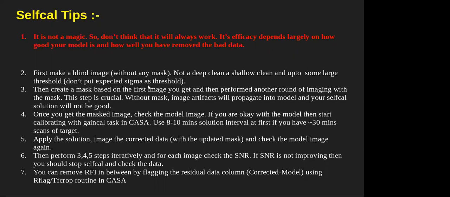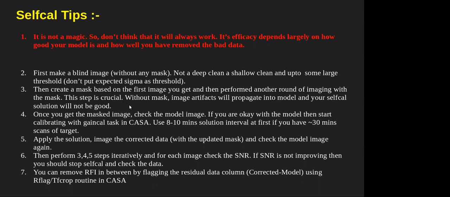First make a blind image, and then create a mask based on that first image. Why it is necessary is that this step is crucial. For the first image you do not have a mask, but when you get the first image, you can make a mask and make another image using that mask. If you do not use that mask, your image artifacts will propagate into your model and your self-cal solution will not be good.